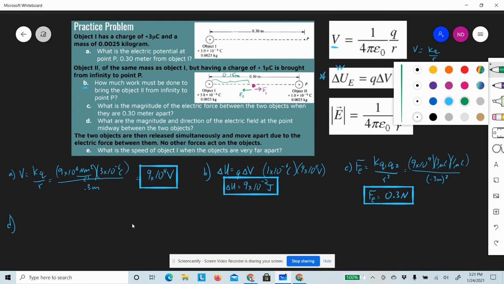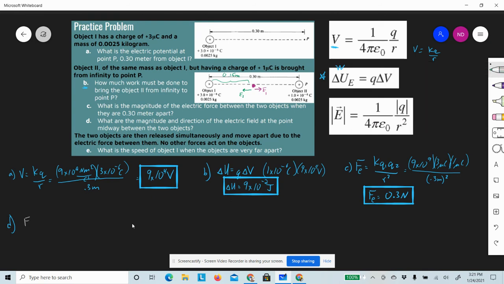All right, so as we're keeping our stuff, the E at the center is going to be the electric field from 1 plus the electric field from 2.